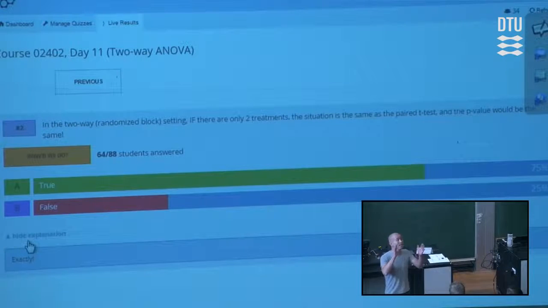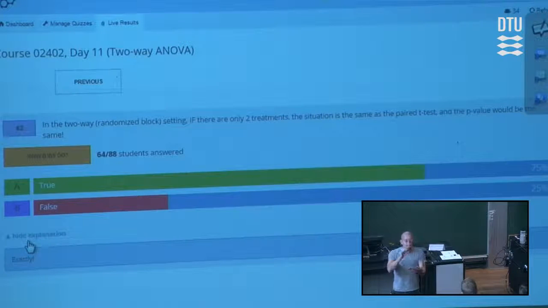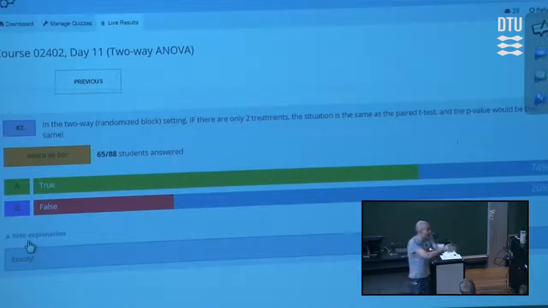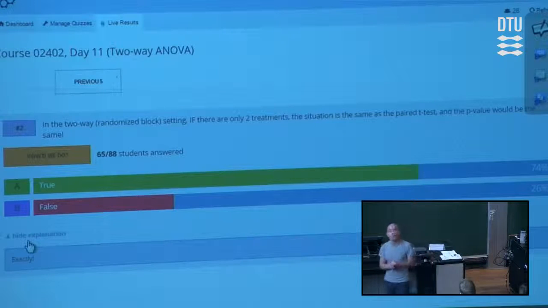The point is, last time we did the completely randomized experiments as the natural generalization of the independent two-sample t-test, right? Not two groups, but multi-group independent samples, multi-independent samples. Now we have the natural generalization of the paired t-test, where we have paired or dependent samples.